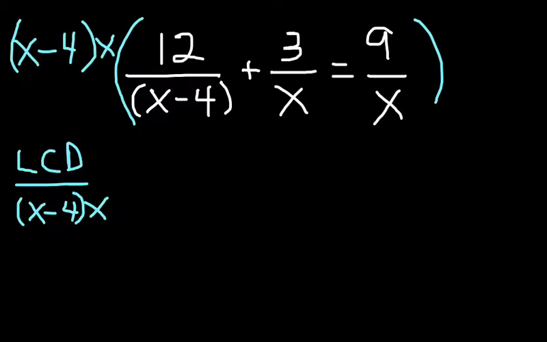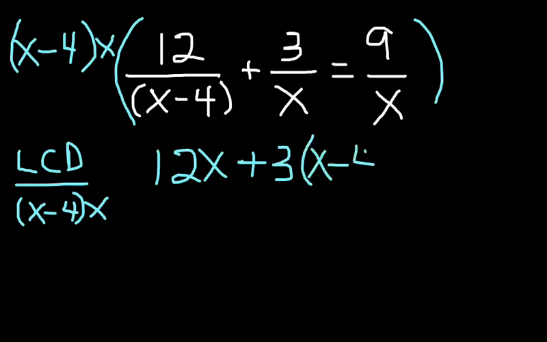So when I multiply x minus 4 times x times the 12 over x minus 4, the x minus 4's cancel here. That leaves just 12 and x. When I multiply x minus 4 times x times 3 over x, the x's cancel, leaving just 3 times x minus 4.